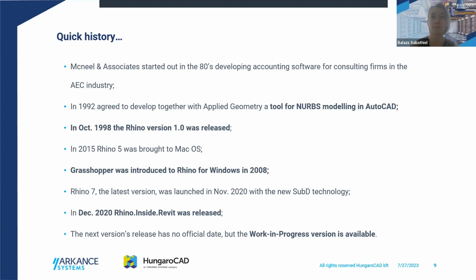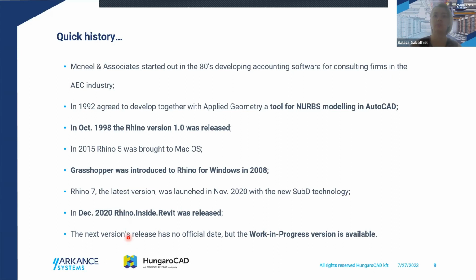Also, it is good to mention that in December 2020, we have since then the Rhino inside Revit release. So I can bring back and forth the geometries between Rhino and Revit. And we will definitely have a workshop just for this in the future.